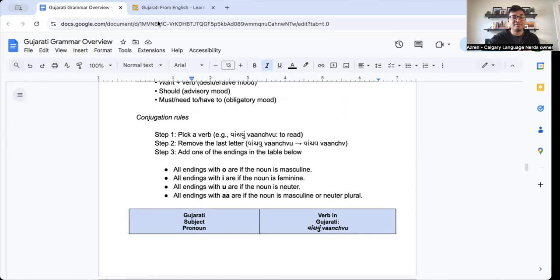Typically we get rid of the last two letters, but this time around we're just going to get rid of the u, so we're left with vanchv. And then we add one of the following endings: o if the noun is masculine, e if it's feminine, u if it's neuter, a if it's masculine or neuter plural.